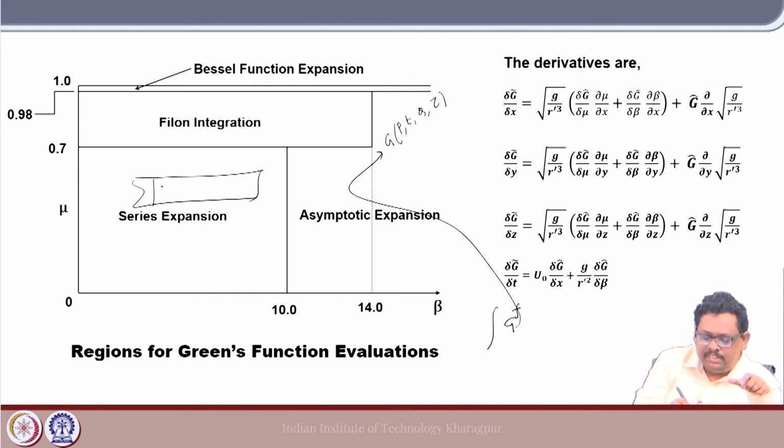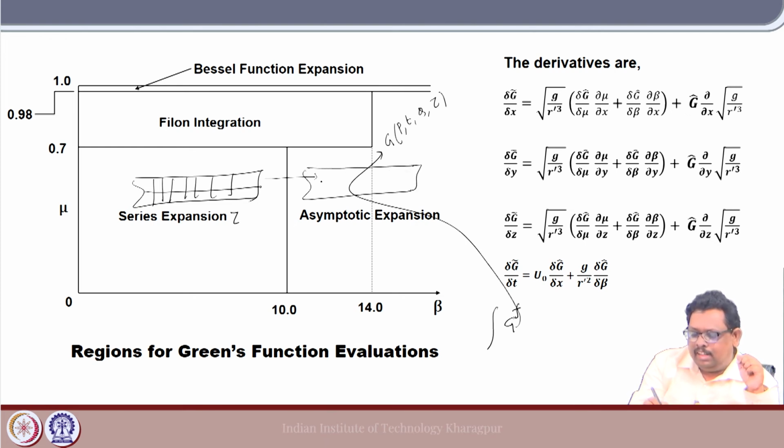Now this is your panel at time tau, and now let us move the ship to some point. Here is the updated position of the ship, and you are taking some point p over here, and this p is at time t.